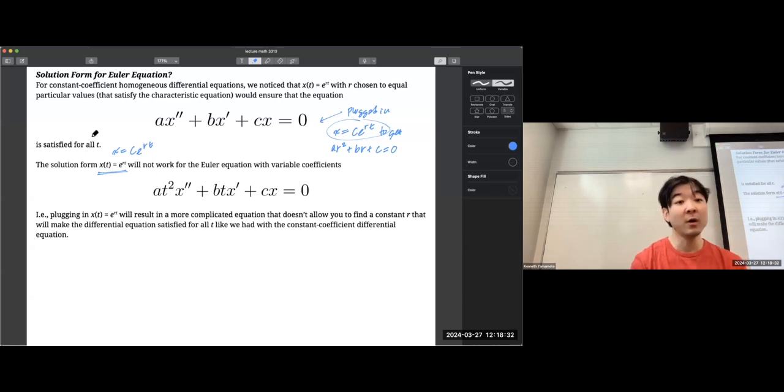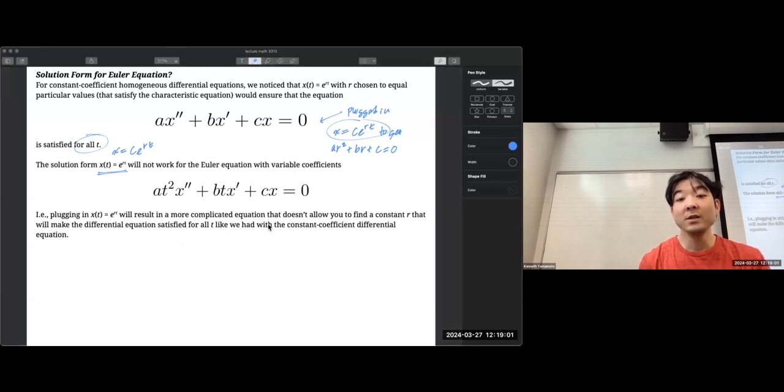We want a solution that isn't just for when t is equal to 0, but for all t. You can try plugging it in on your own; it's not that much work to show, but you'll see there's no way you can find an r that would satisfy this for all t.